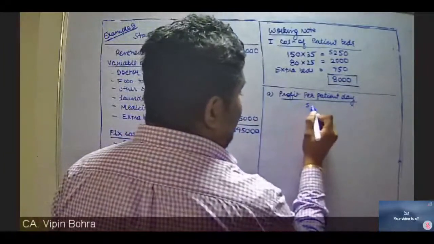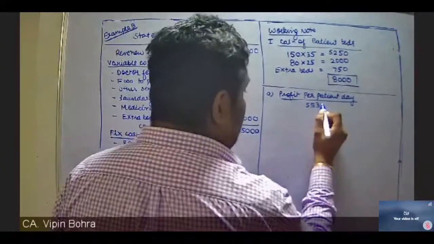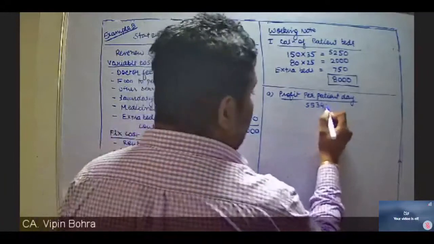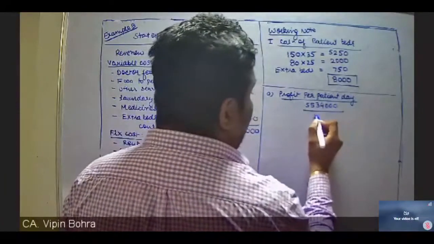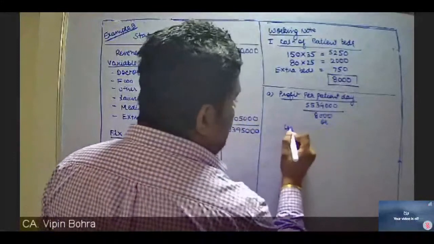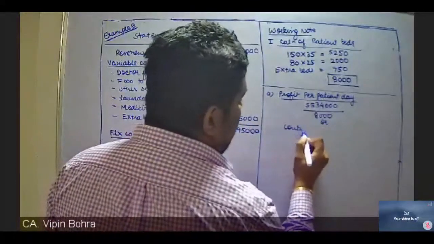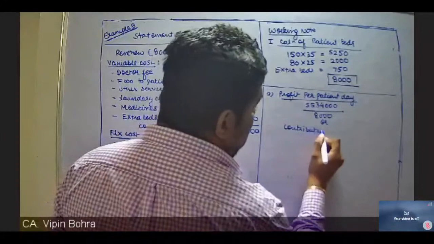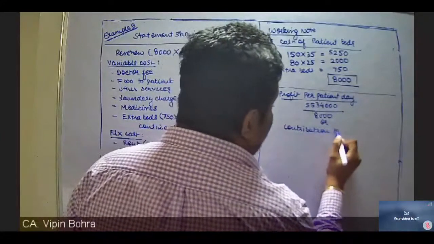Total profit is 55,34,000 divided by 8,000. Alternatively, you can also show contribution per patient day.